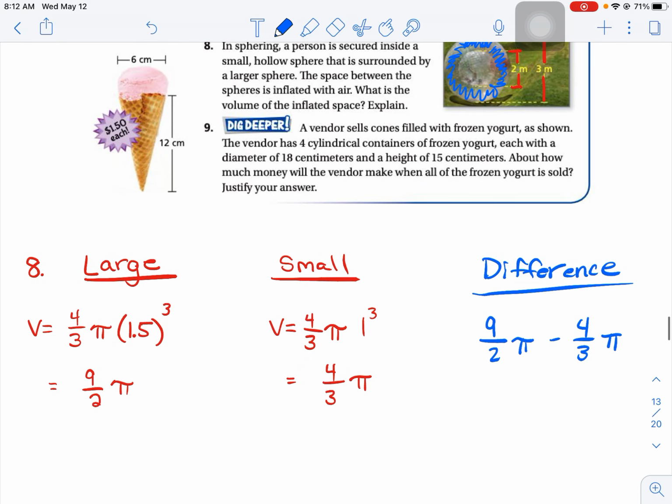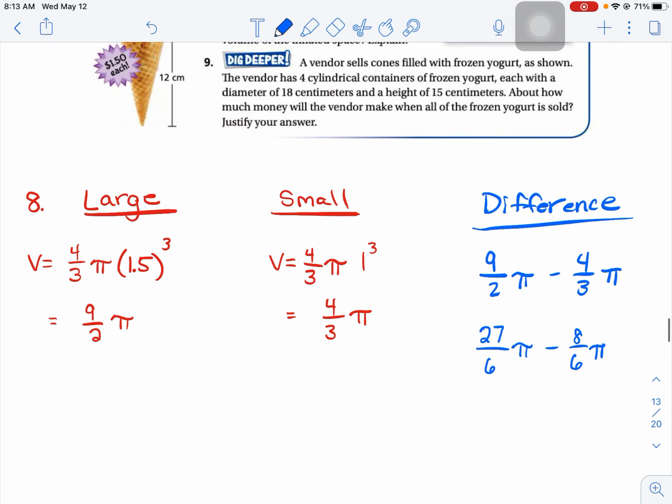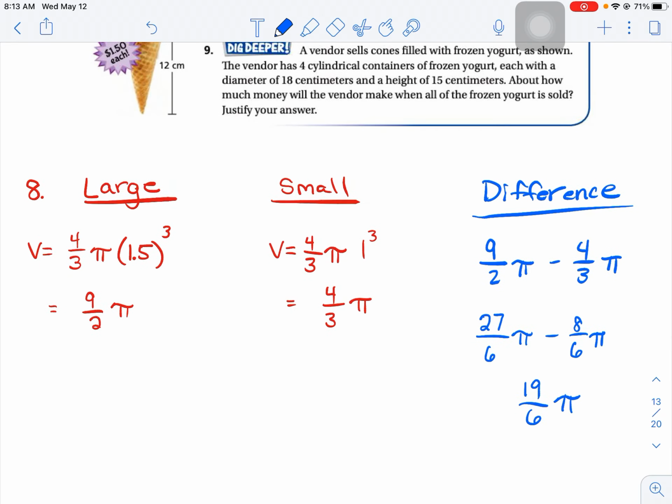I'm going to get a common denominator so that we can subtract. Let's make them both 6. If we multiply by 3, I get 27/6 pi, and if I multiply by 2, I get 8/6 pi. If I subtract, I end up with 19/6 pi, which if you calculate is approximately 10 meters cubed.